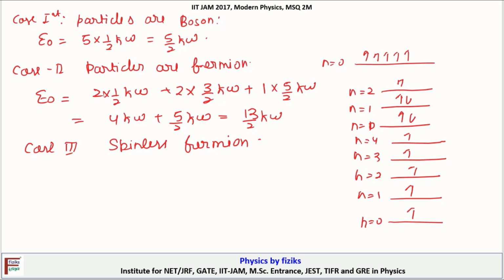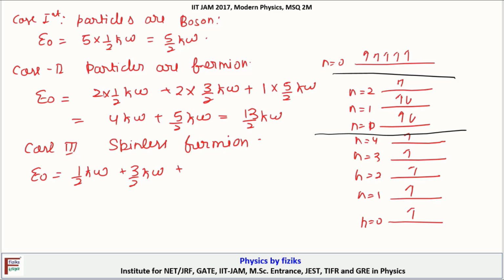So in this case, energy would be 1 by 2 h cross omega plus 3 by 2 h cross omega plus 5 by 2 h cross omega plus 7 by 2 h cross omega plus 9 by 2 h cross omega. 9, 7, 16, 16 and 9, 25. So 25 by 2 h cross omega.